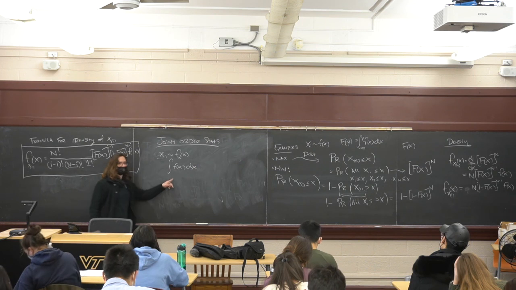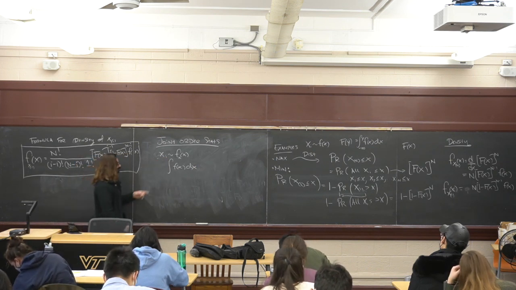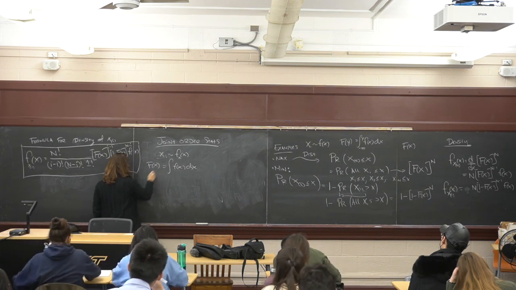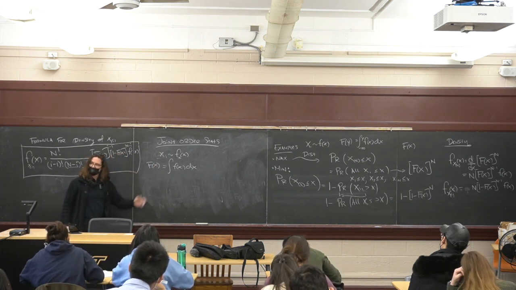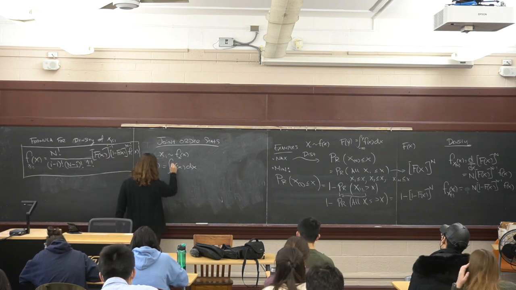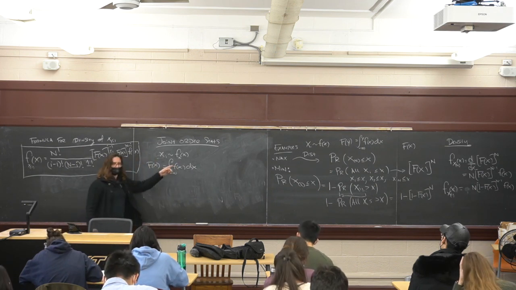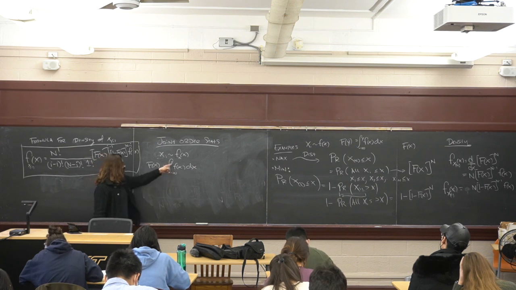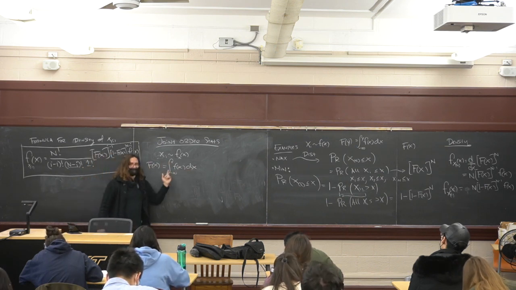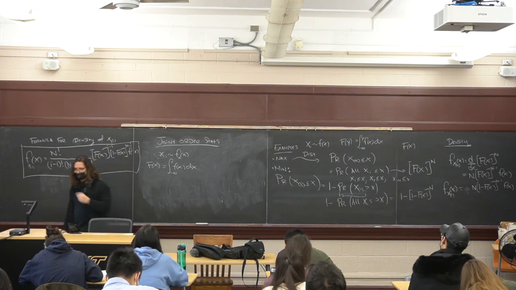I'm going to integrate from the left tail to some dummy argument x, but I'm just going to write this down as cap F. So again, minus infinity out to x. I've recycled my notation. If you don't like that, replace that with a y. This x is not that x.